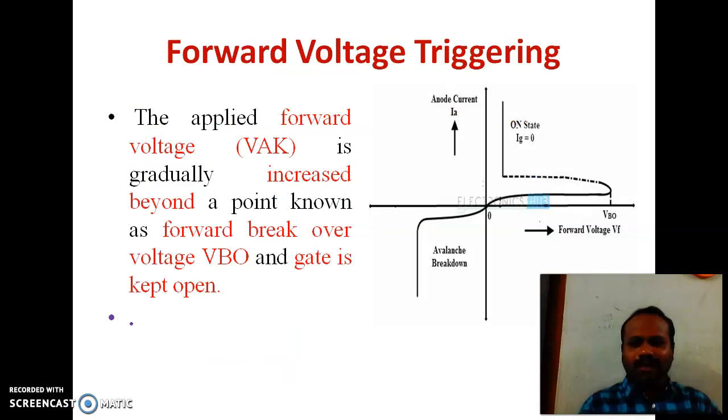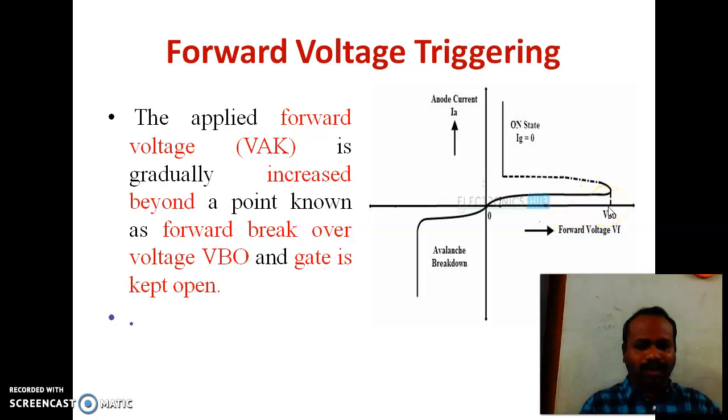The applied forward voltage VAK is gradually increased beyond a point known as forward breakover voltage VBO and the gate is kept open. So, see in this diagram, the voltage applied between anode to cathode is gradually increased from 0 beyond a point VBO.